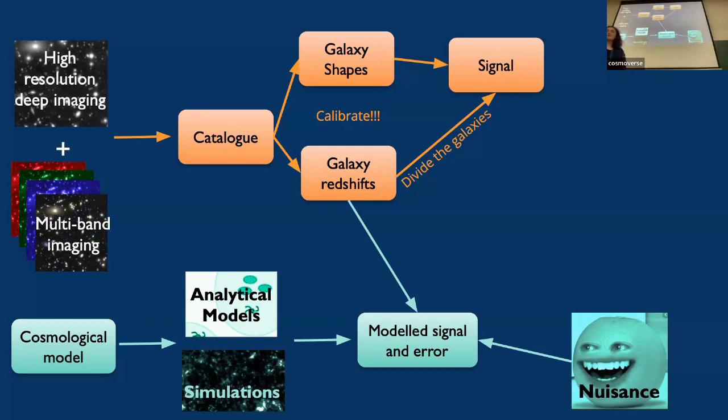So nuisance effects could be anything that, say, is not modeled in the calibration. For example, maybe when you're calibrating the data, you have some uncertainty. Or it could be things that are not in your cosmological model, but still affect the signal, for example, astrophysical effects. The two main astrophysical effects that are important here are effects of baryon feedback, which you won't get if you only assume dark matter in your simulations or model.